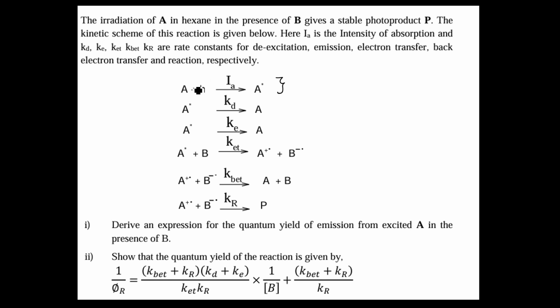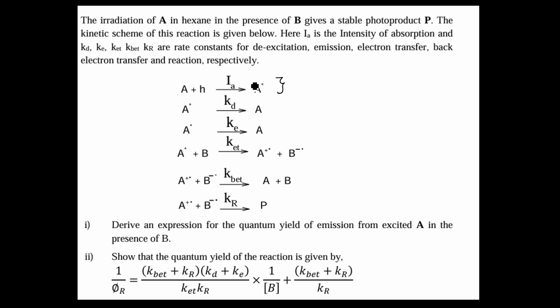Here you have the A molecule in the ground state, and here we have the excited A molecule. The excited A molecule goes back to the ground state through emission. These are specific processes; there are different processes that may happen, fluorescence, phosphorescence, likewise.